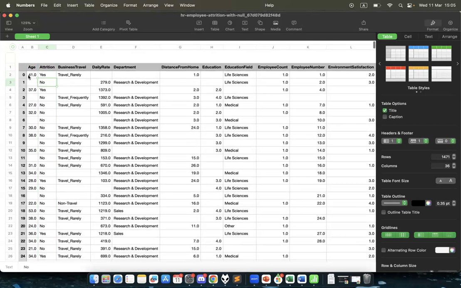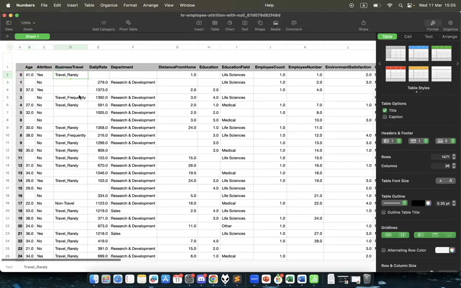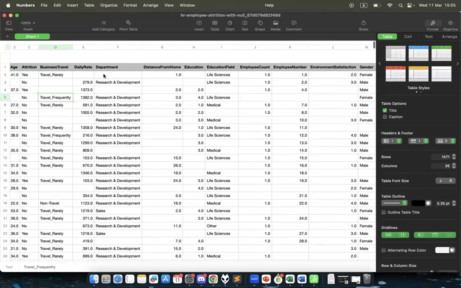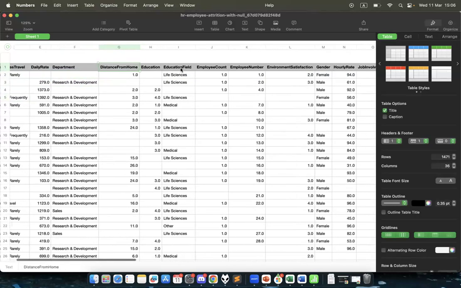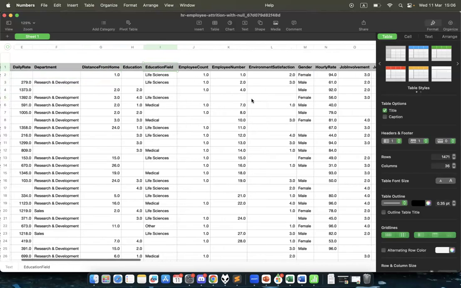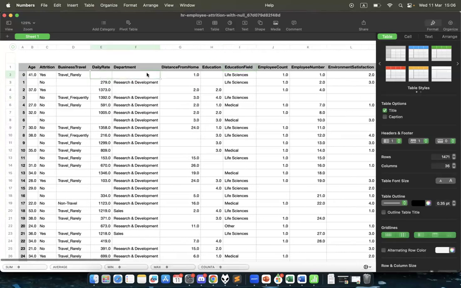Okay. And the data set has the age of the person, whether that person does business travel or not, travel rarely, frequently, the department, whether his home is far from the office, the education, satisfaction of the person, and notice missing values.